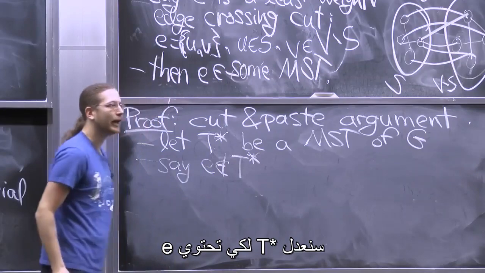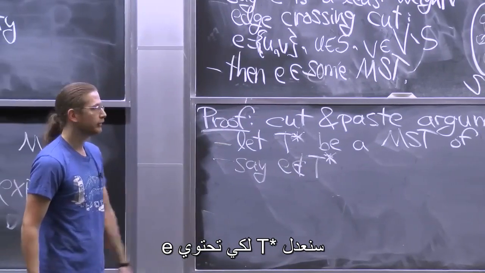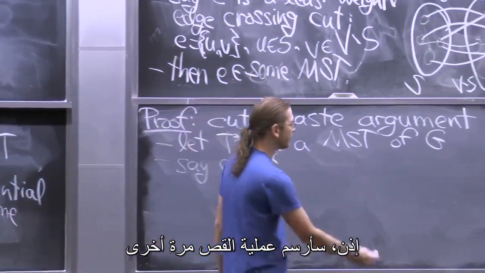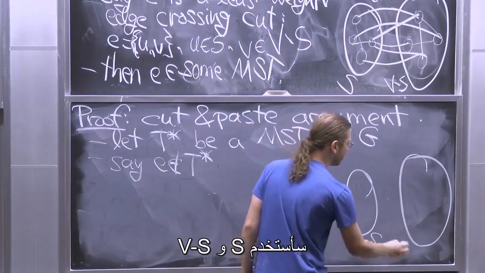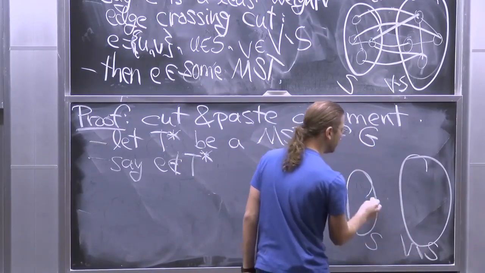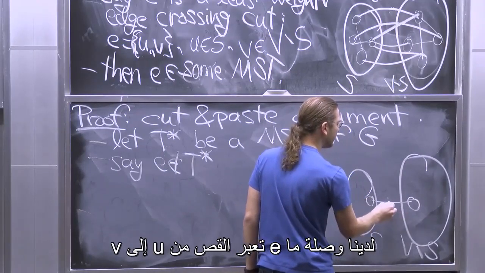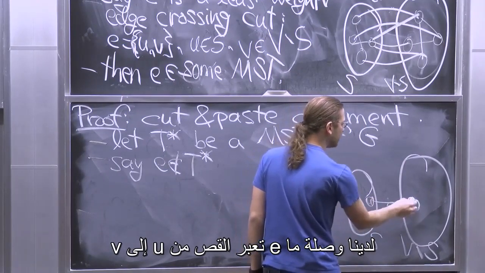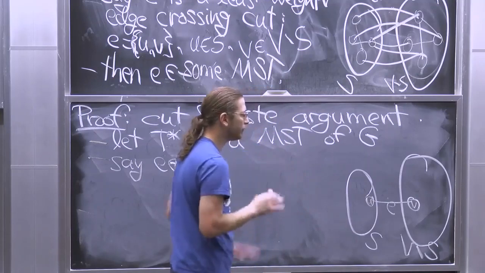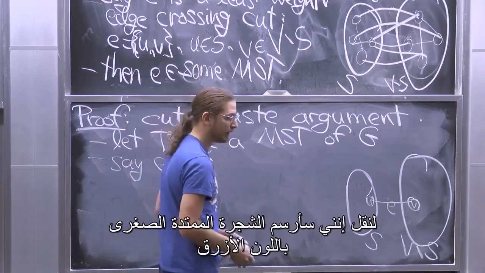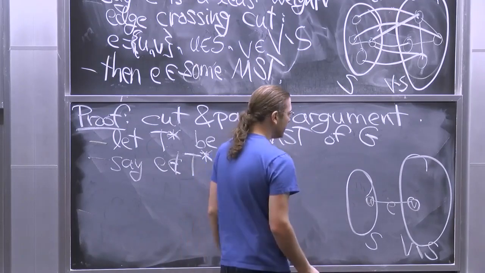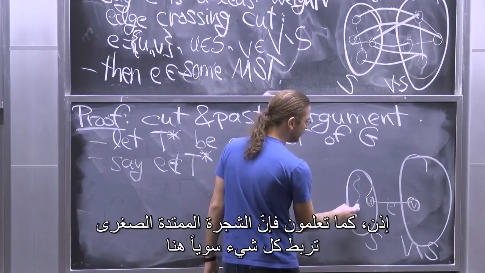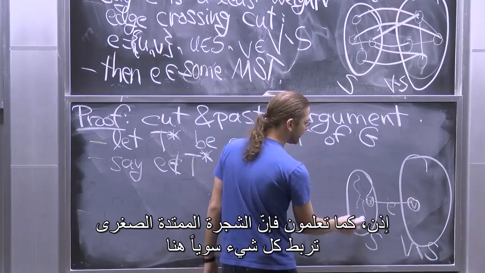We're going to modify T star to include E. So again, let me draw the cut. There's S and V minus S. We have some edge E which crosses the cut, goes from U to V. That's not in the minimum spanning tree. Let's say in blue I draw the minimum spanning tree. So the minimum spanning tree connects everything together here.